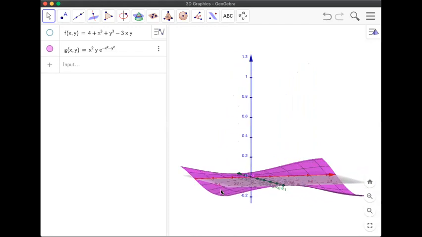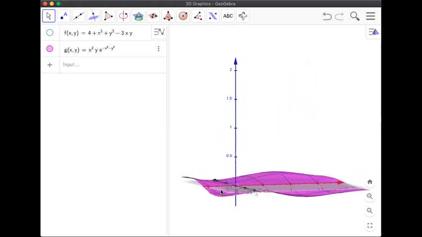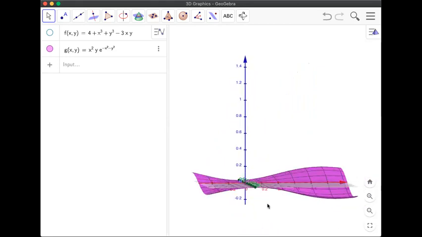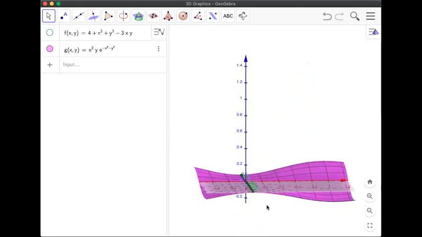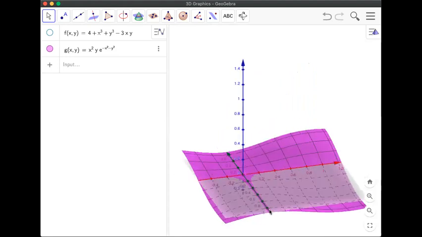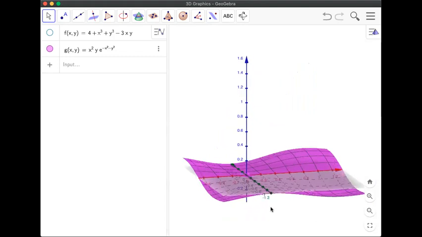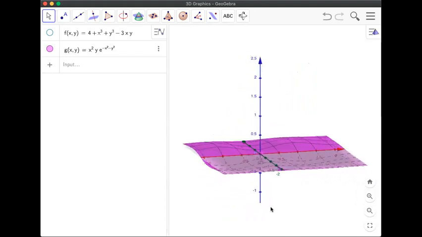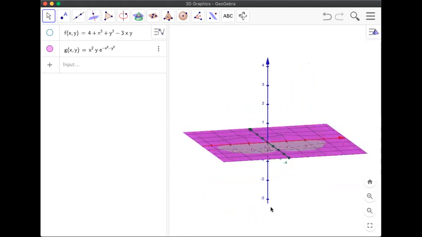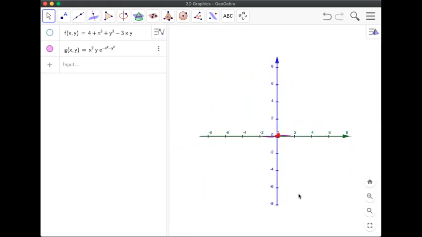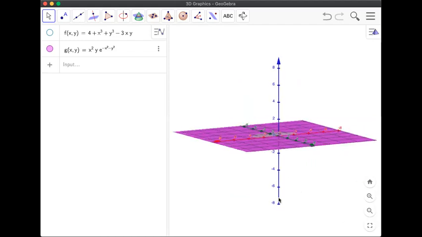So maybe we can still further. Yeah. So that's the graph. Okay. And of course, if you look at the bigger picture, it does not really look like what we have on the slide.